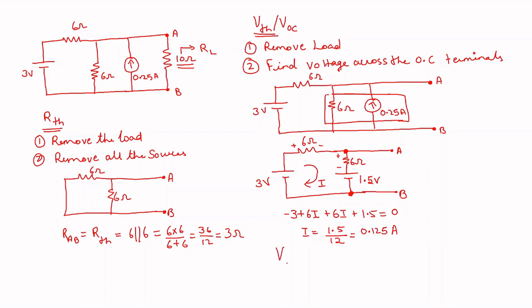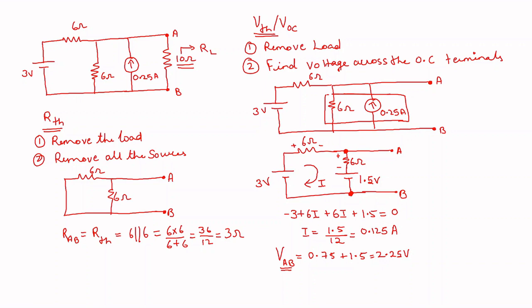So the voltage across AB is nothing but 6 into 0.125, which is 0.75 volt plus 1.5. So it is 2.25 volt. VTH or VAB is 2.25 volt.